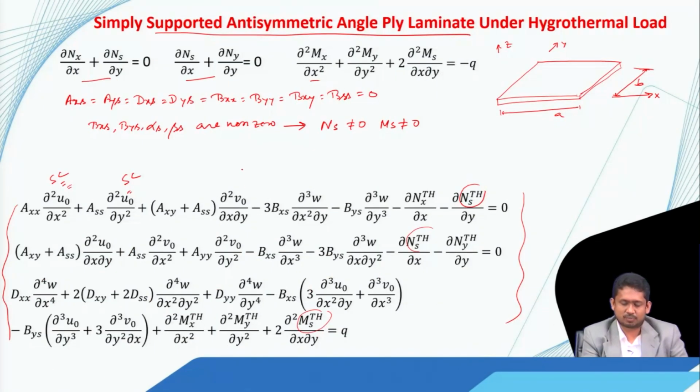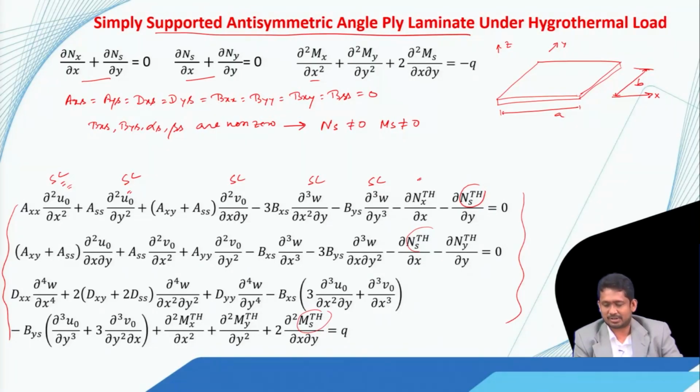V is cosine sine, so if I differentiate once with respect to x and once with respect to y, I get sine cosine terms here. W is sine sine. If I differentiate twice with respect to x and once with respect to y, I again get sine cosine terms here.